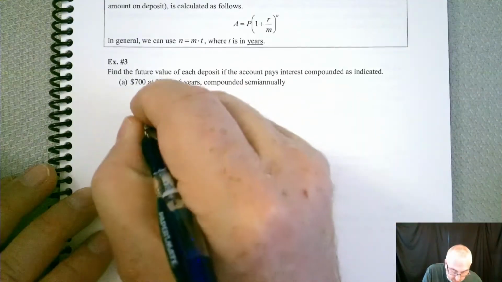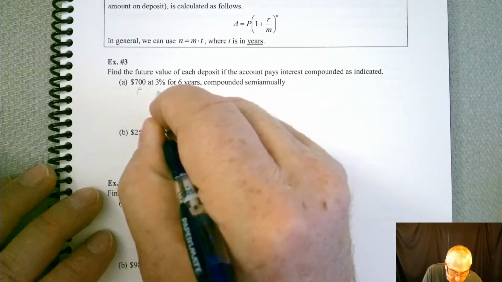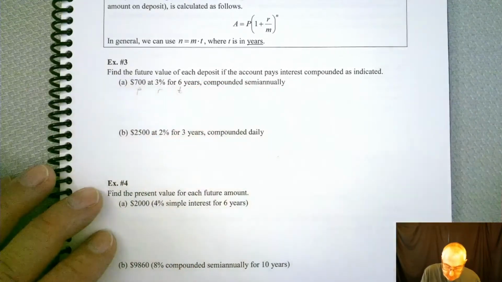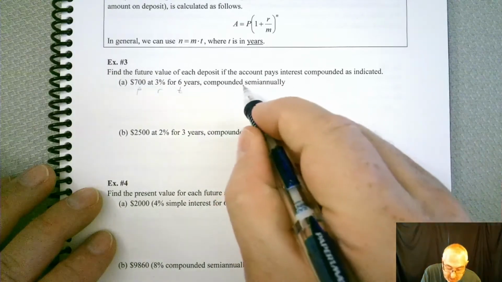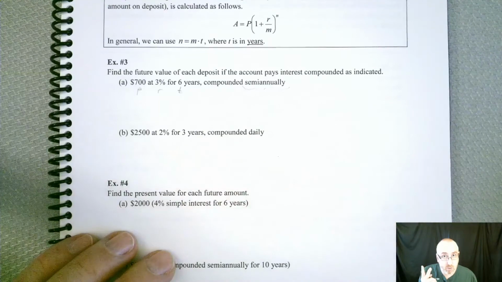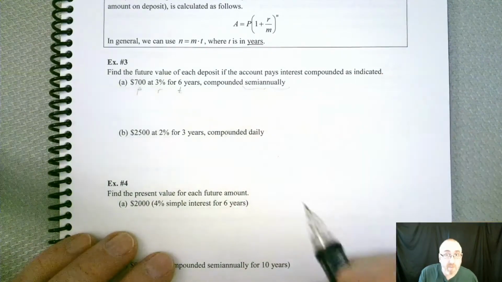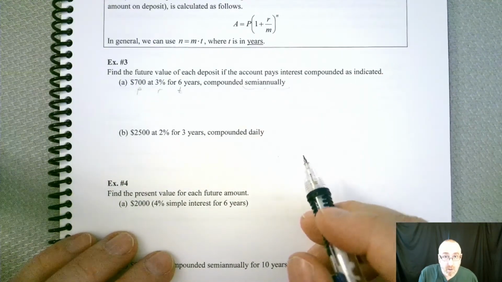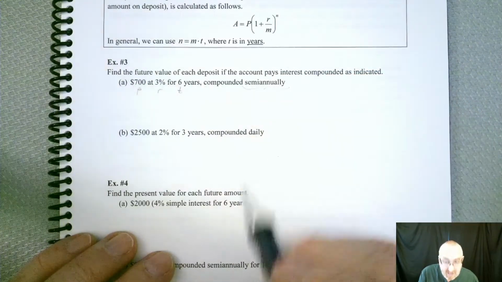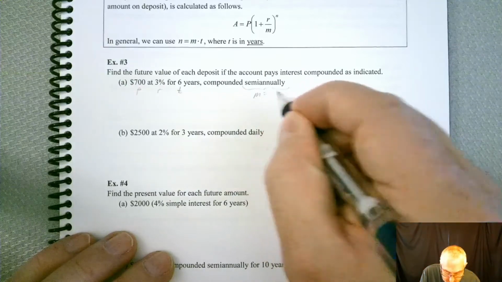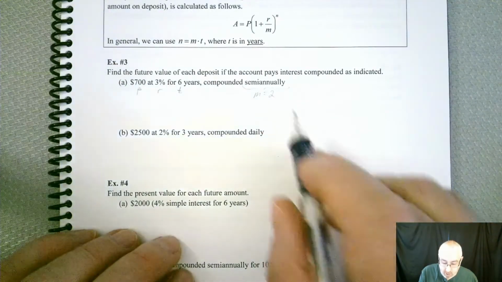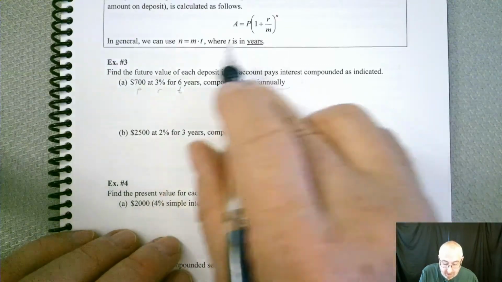Okay, so again, we know this is P, we know this is R, we know this is T, and then compounded semi-annually. So remember, semi-annually means 2 times per year, but what variable is that? The only variables we haven't identified are M and N. In this case, it's M. So M equals 2. Now that we know what M is, we can figure out what N is.